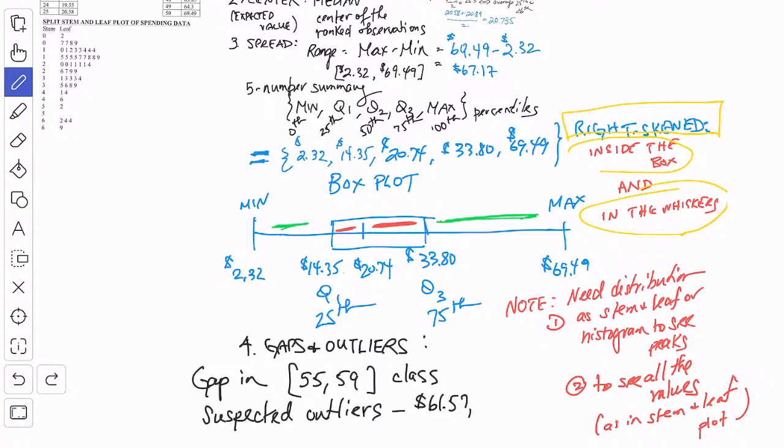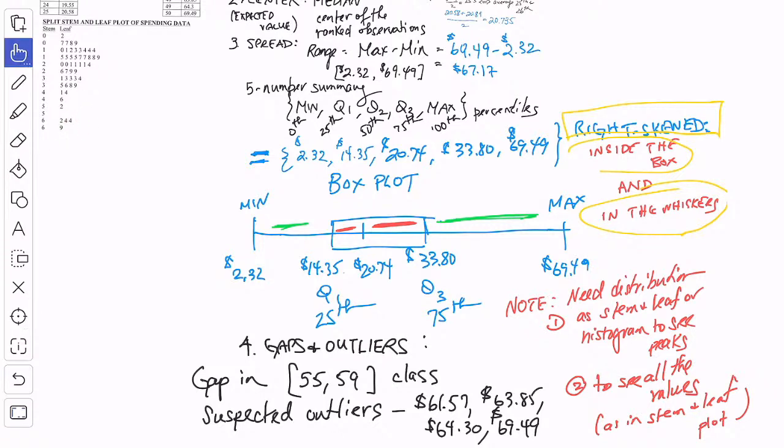So 61.57, 63.85, 64.30, and 69.49. Which one of these are outliers? They're suspected because they all clump up over here, but we need to test them.